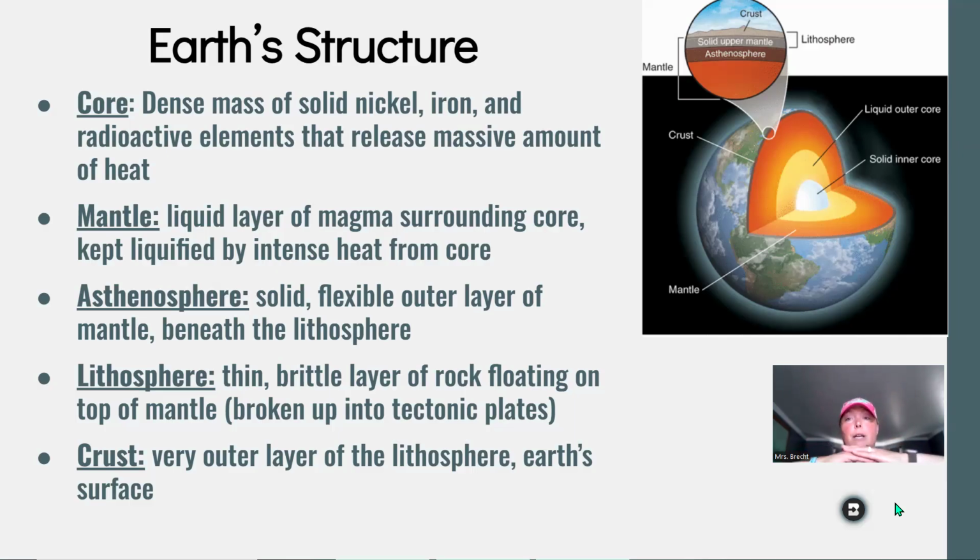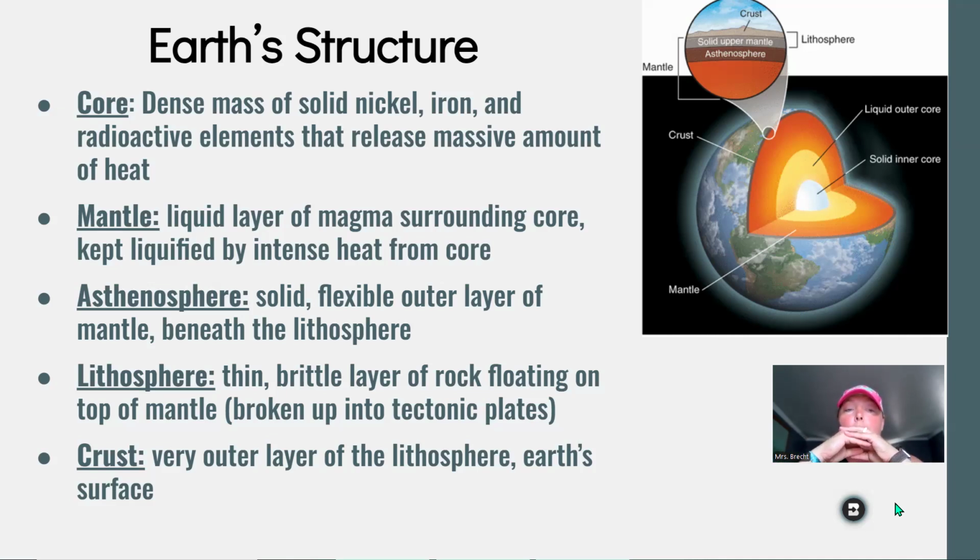So the asthenosphere is a little bit more solid. I'm trying to think of something that you'd use that's a little bit more flexible. Not liquid, but flexible. That's beneath the lithosphere and allows the plates to move.